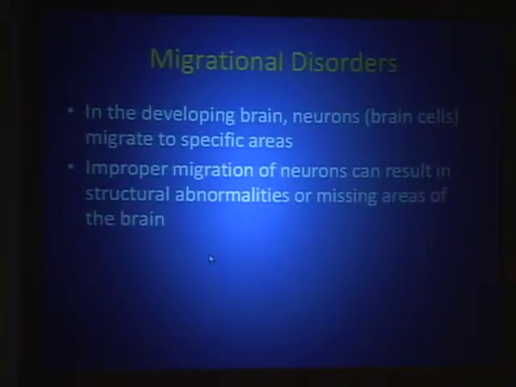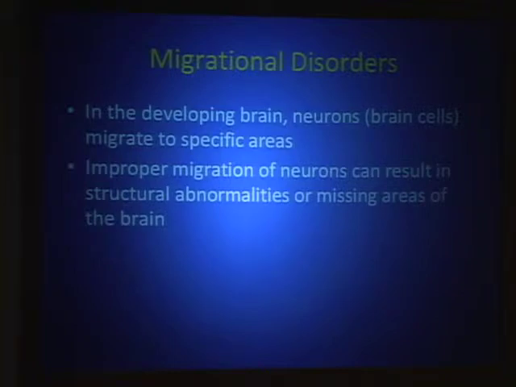I talked about migrational disorders. As the brain is developing around 20 weeks of gestation, the brain cells or neurons sort of move from the middle part of the brain and they're traveling outward to create the cortex of the brain. And during that time, if there's any disruption or arrest, areas develop abnormally, and that's where you have a migrational disorder.